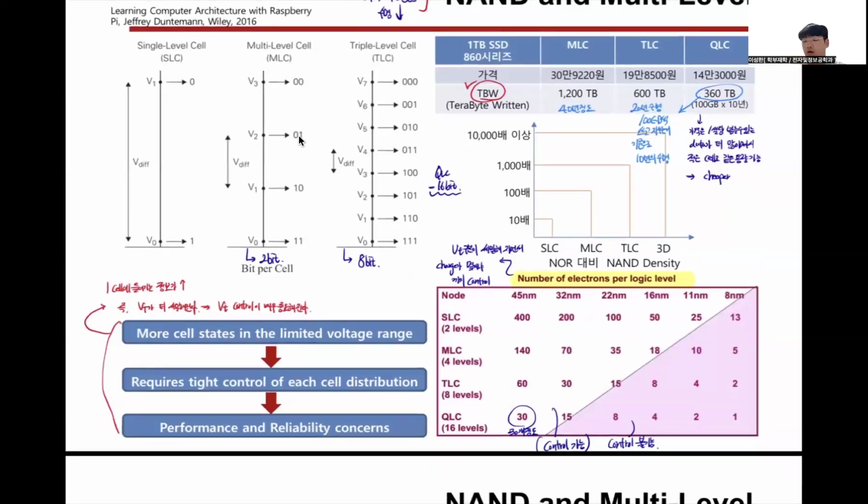Because if we control it poorly, two pieces of information overlap in threshold voltage, so we can't read them correctly and don't know which state it is.